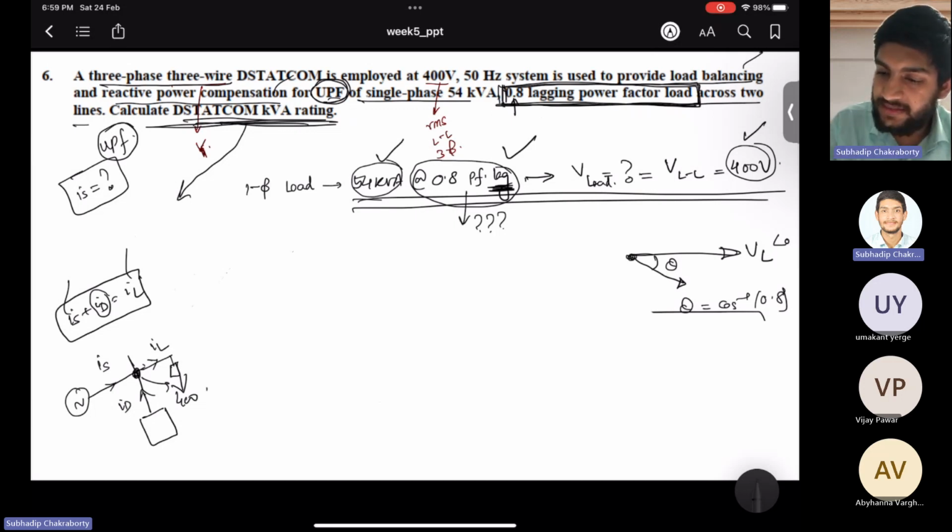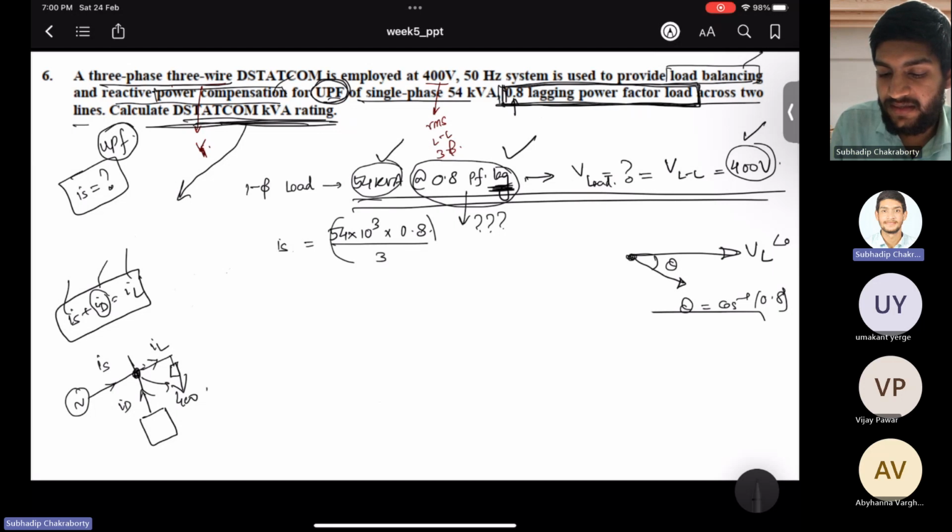So just note that the load is balanced after compensation, right? And also the supply side power factor is unity. They're asking you, after compensation, to tell the DSTATCOM current rating. So the DSTATCOM current we need to calculate. Before that, the supply side current we need to calculate. So it will be 54 into 10 to the power 3 into 0.8 divided by 3.